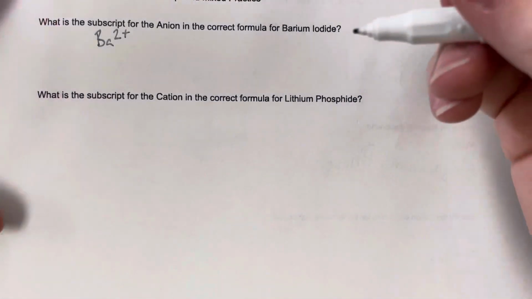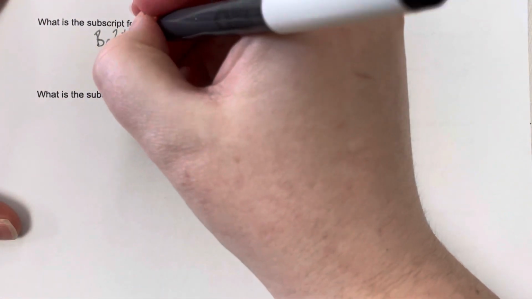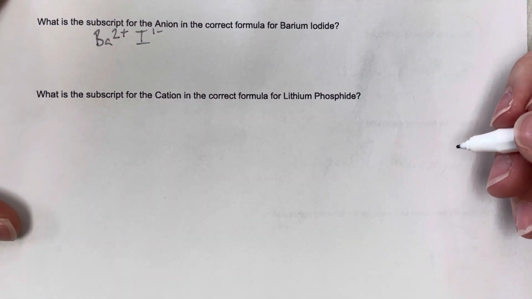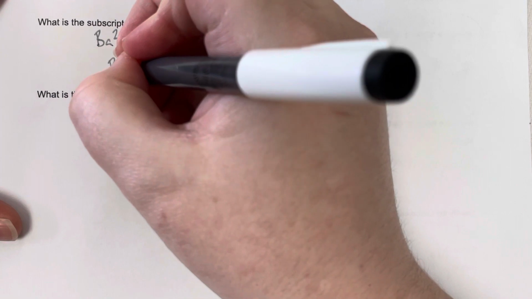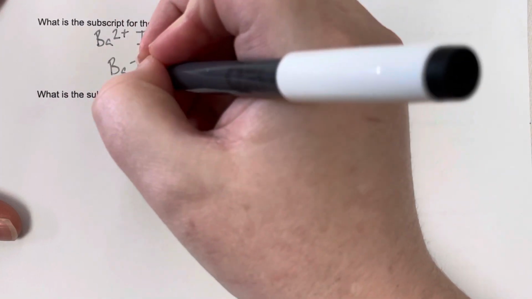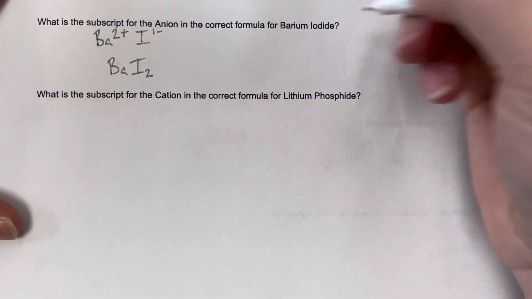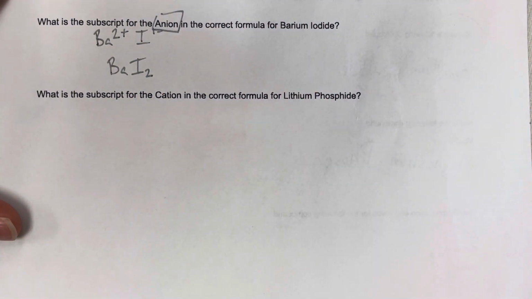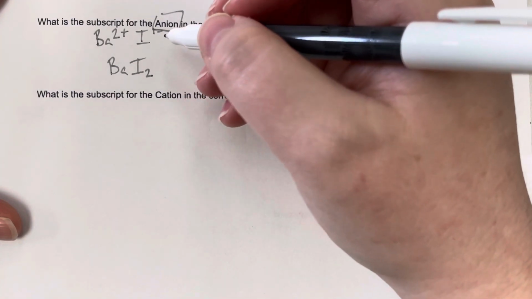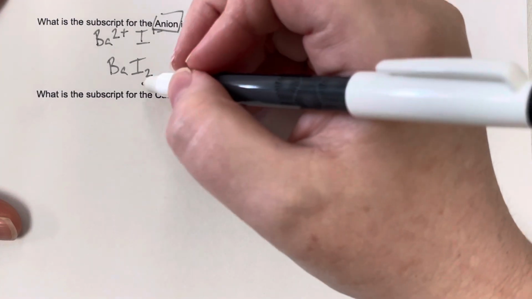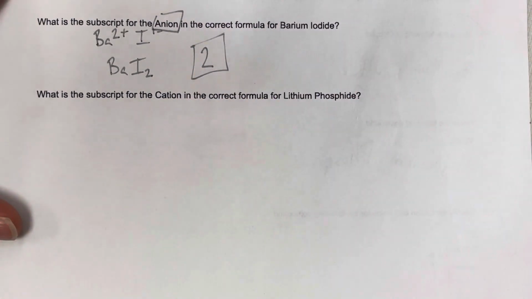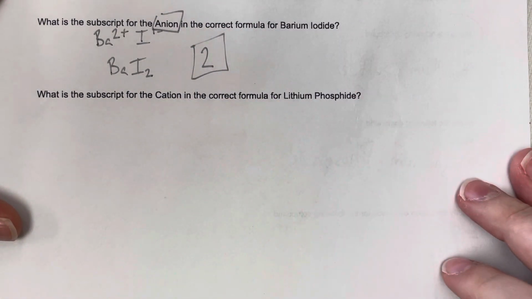I have 7, but I want 8, so I'm going to steal 1. Stealing is bad, so I'm going to have a charge of negative 1. I would then crisscross charges for subscripts, and that would leave me with BaI2, and I am looking for the subscript for my anion. My anion is going to be my negative ion, that is iodine, so I just need to figure out what the subscript for iodine is. Iodine subscript is 2, so my subscript for my anion is 2.